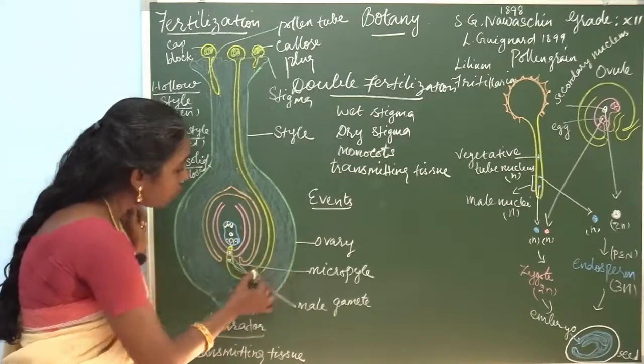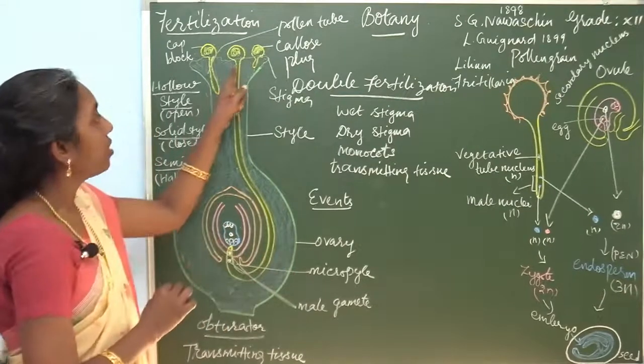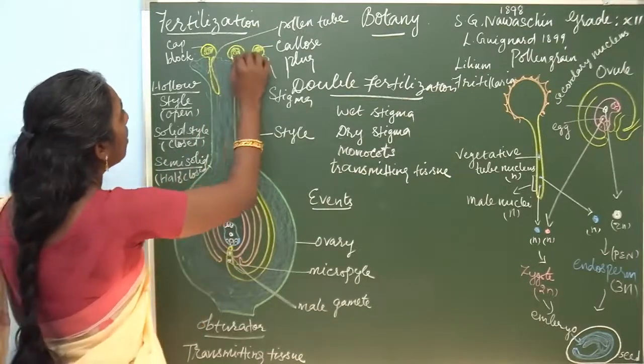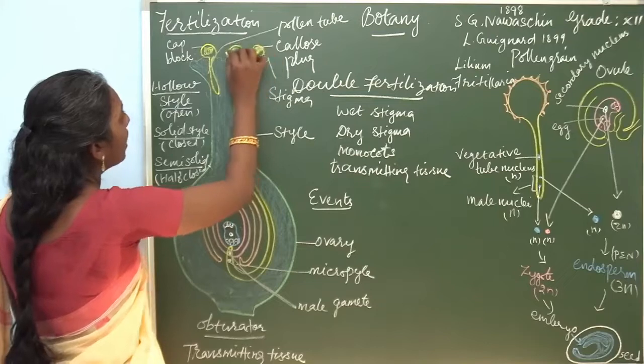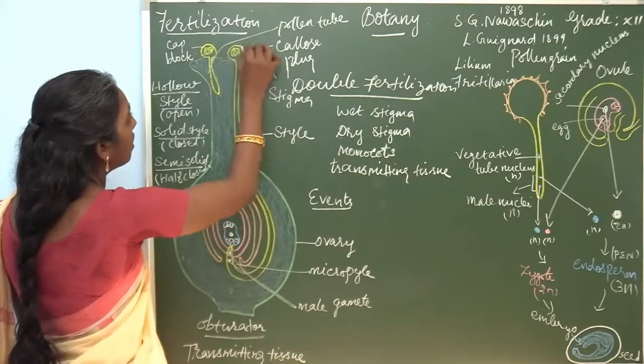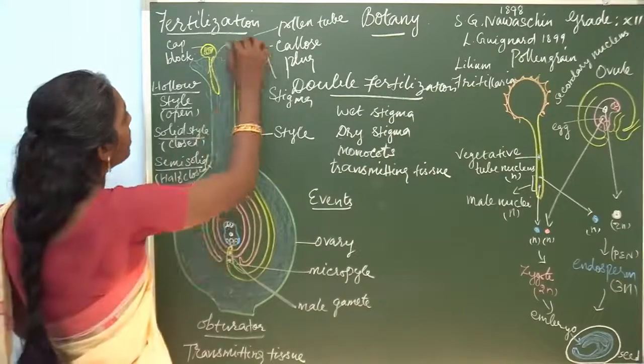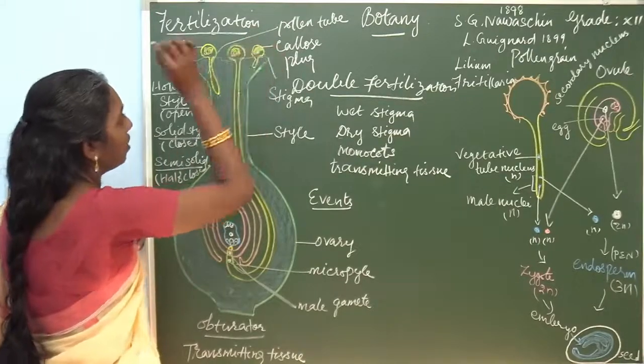When the pollen tube germinates, look at the structure of the pollen tube. There is the tip region, the extreme tip, which is hemispherical in structure.